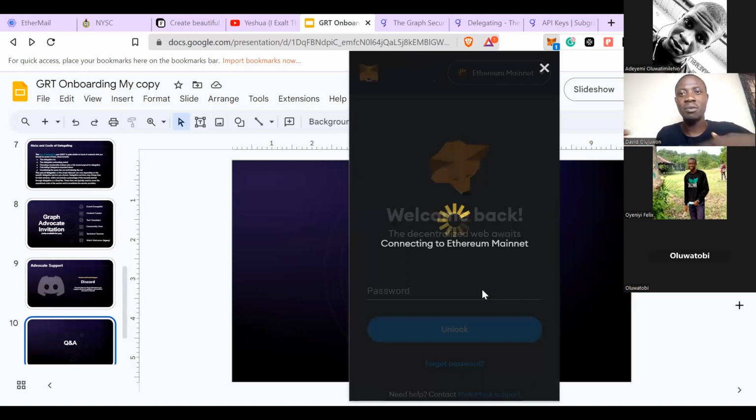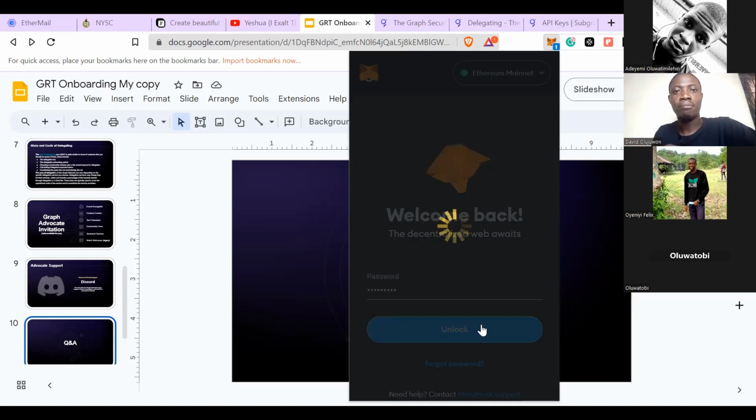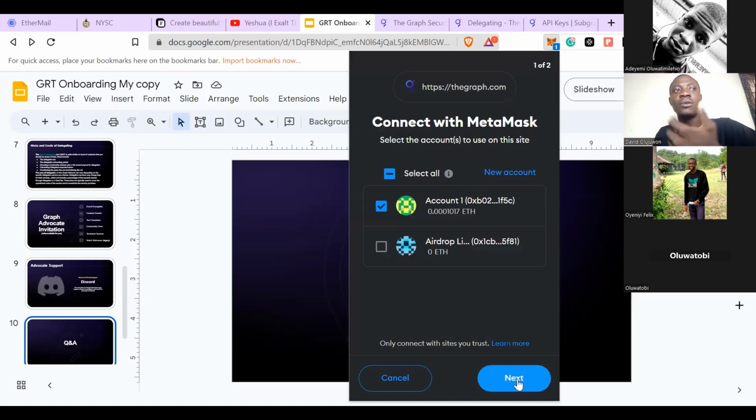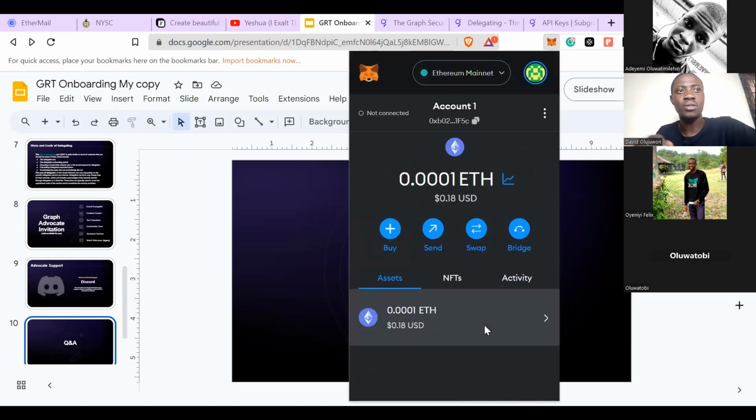I'm connecting my wallet. Anyone with any question, please, we have to wrap things up on our end. I'm listening. Anyone? Anything? Any question about the graph? And before I introduce the graph advocate, well, you might have questions about the graph advocate, but I'll still talk about that. Anyone having any question?